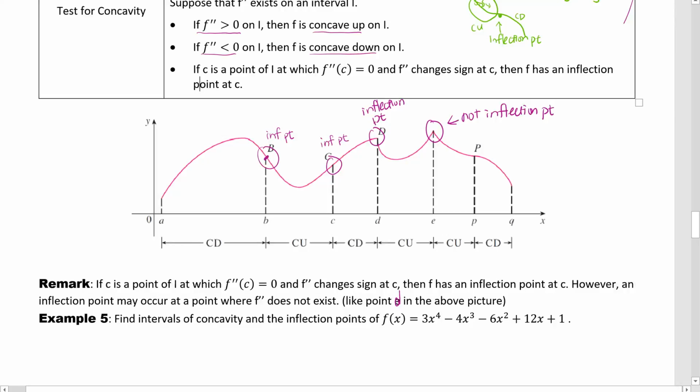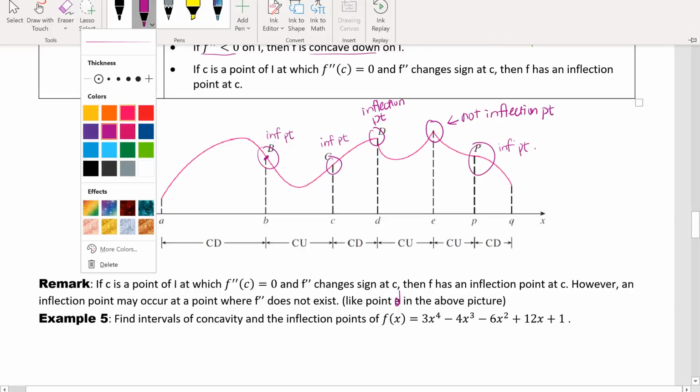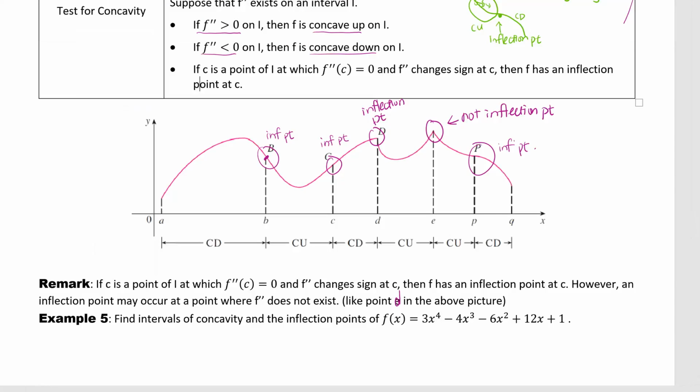Okay, how about point P? Yes, it's also an inflection point. And you can see in this picture, this point T is not only an inflection point, but also a local maximum. Okay. All right.